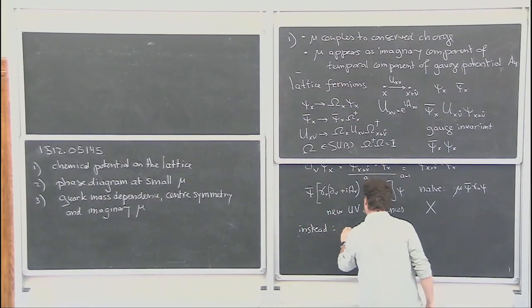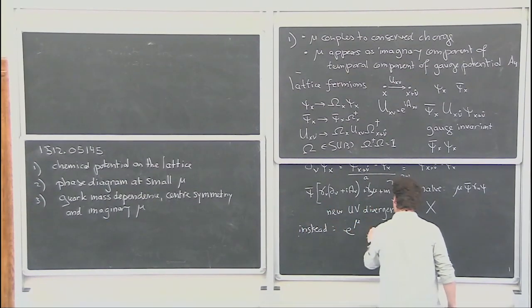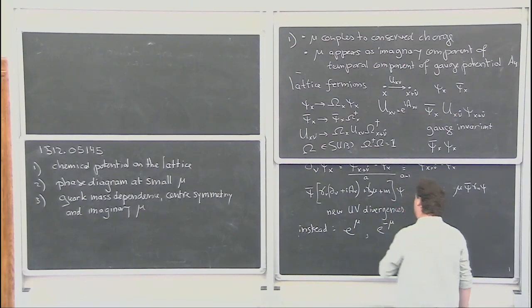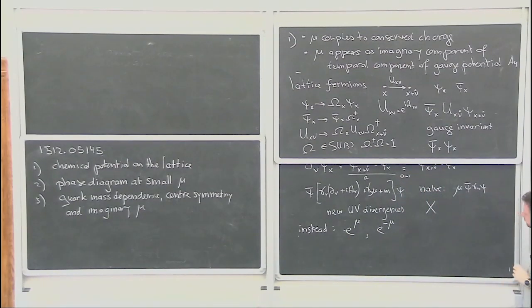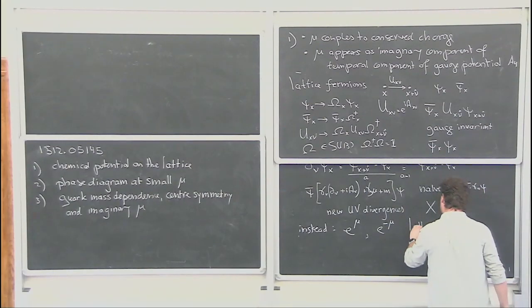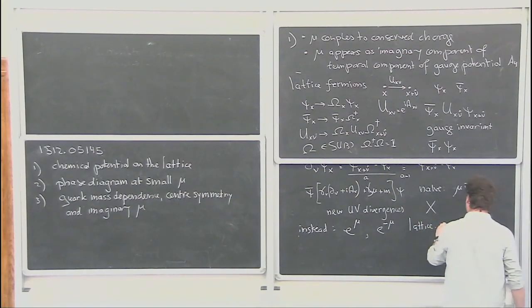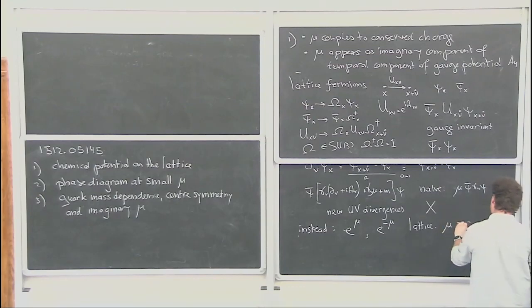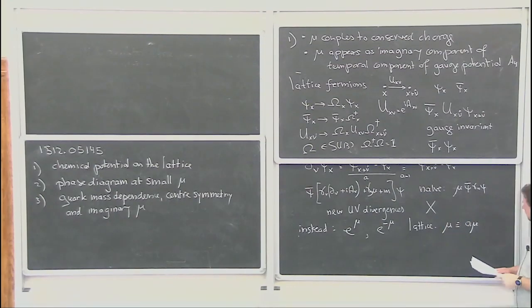So we want to introduce this as e to the mu or e to the minus mu. And I'm using lattice units throughout, so mu is actually shorthand for a times mu. Mu is a chemical potential, an energy, so it has dimension of energy. If I multiply it with a lattice spacing, it's dimensionless.